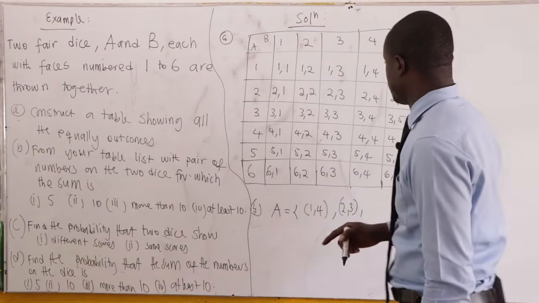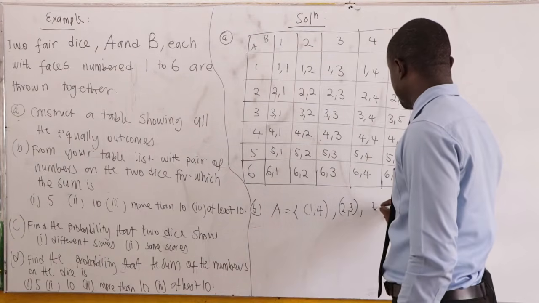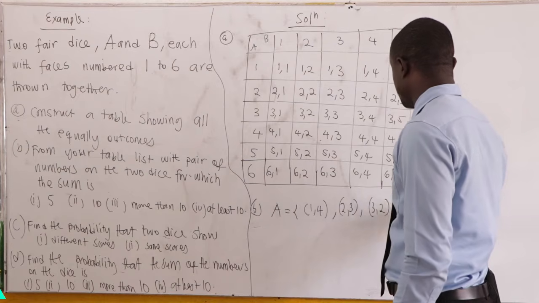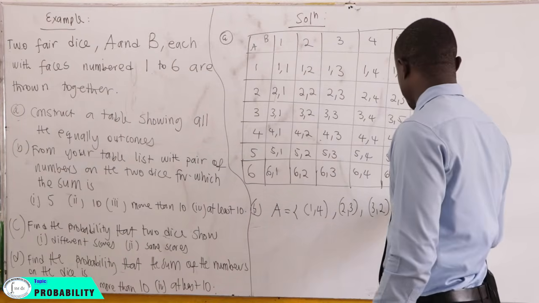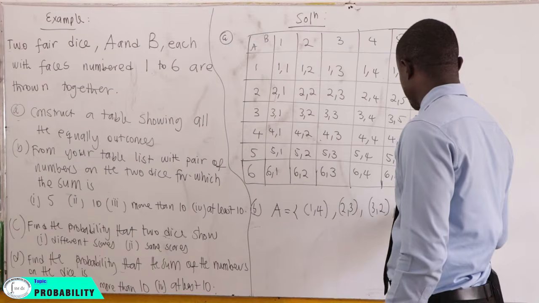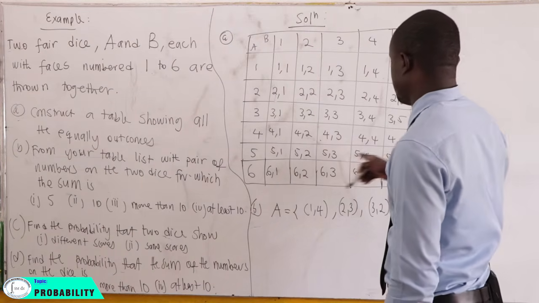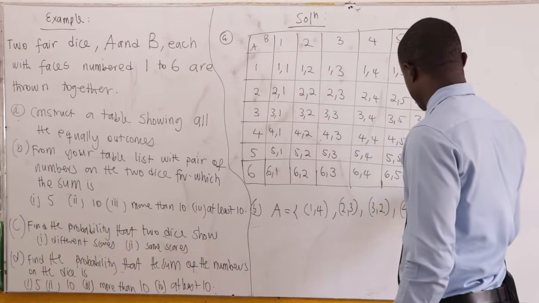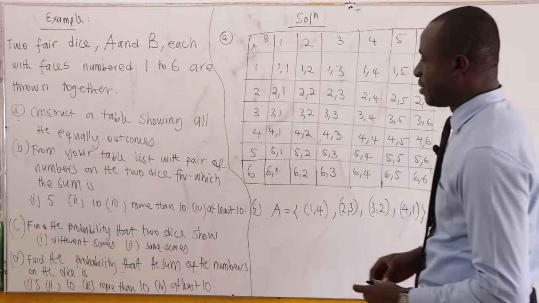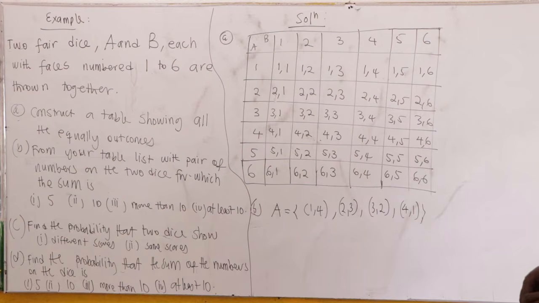Now 3 plus 2 is 5. Now 4 plus 1 is 5. So that is the sum is 5: 1, 4; 2, 3; 3, 2; and then 4, 1.